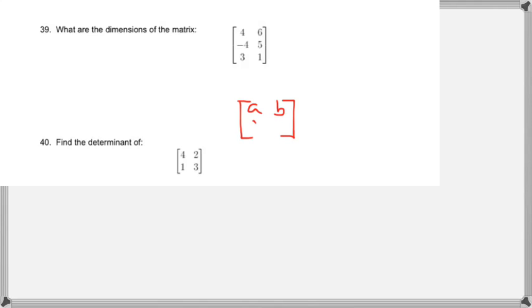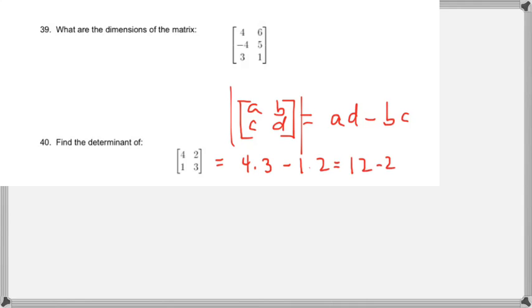For a matrix with entries A, B, C, D, the determinant is AD minus BC. So for us, it's 4 times 3 minus 1 times 2, 12 minus 2. The determinant is 10. Let's see if we can go ahead and finish this review guide out in this video.